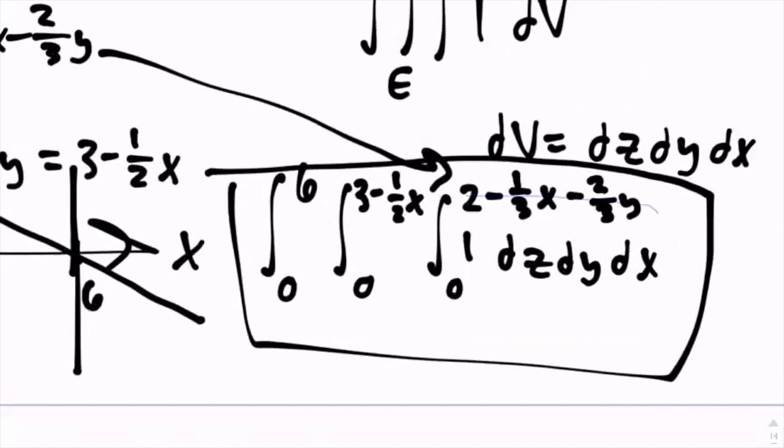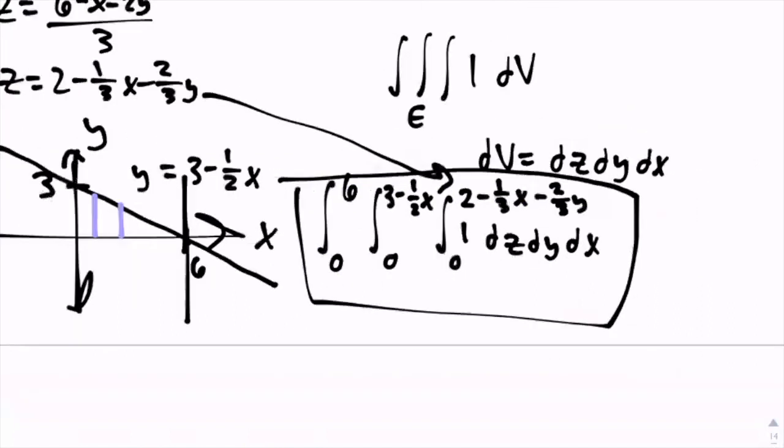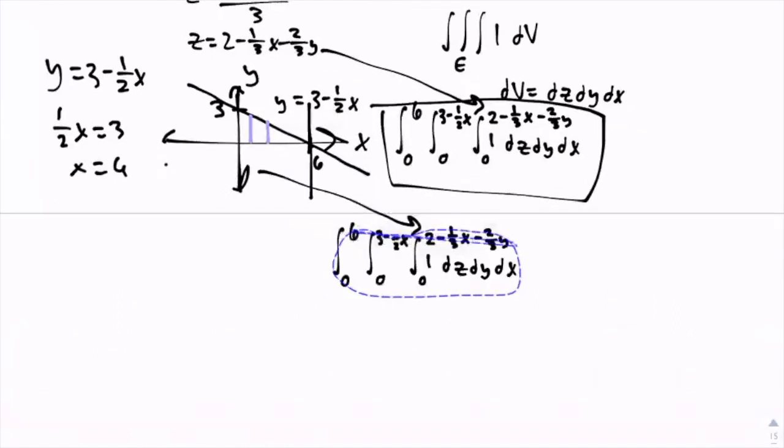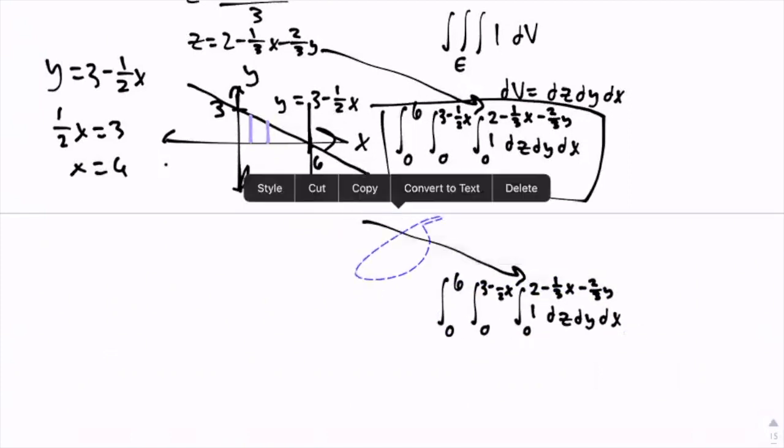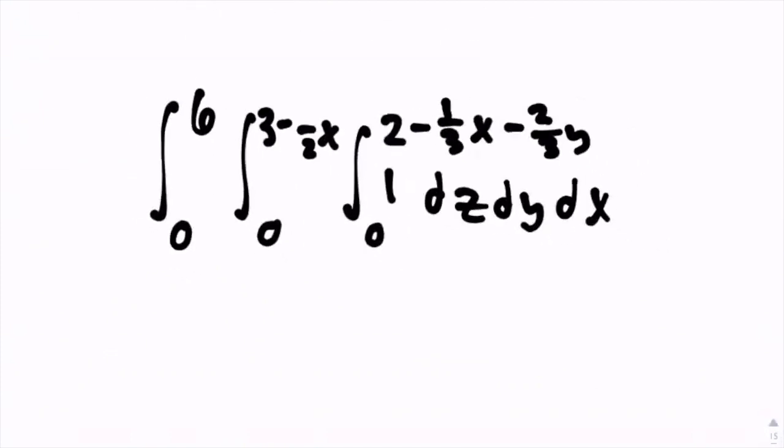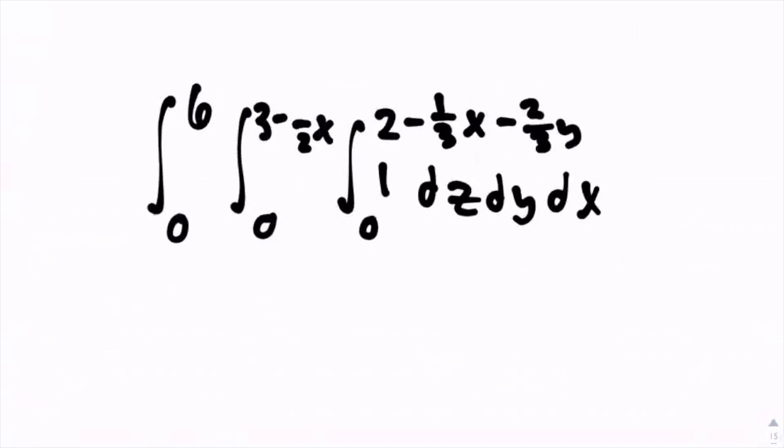Now I'm going to copy this and move it somewhere else just so that we can have a little bit more clarity in our expression. Right now, the only thing we have left to do is to simply solve this integral.